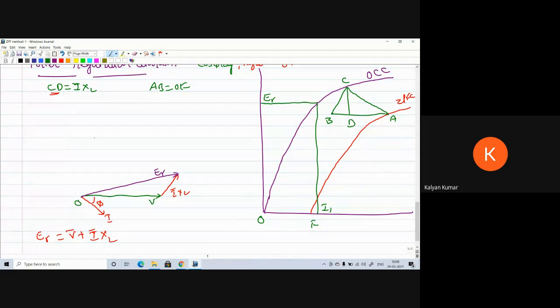So perpendicular to ER, we have to draw OI1. So OI1 is the field current corresponding to ER from the OCC.